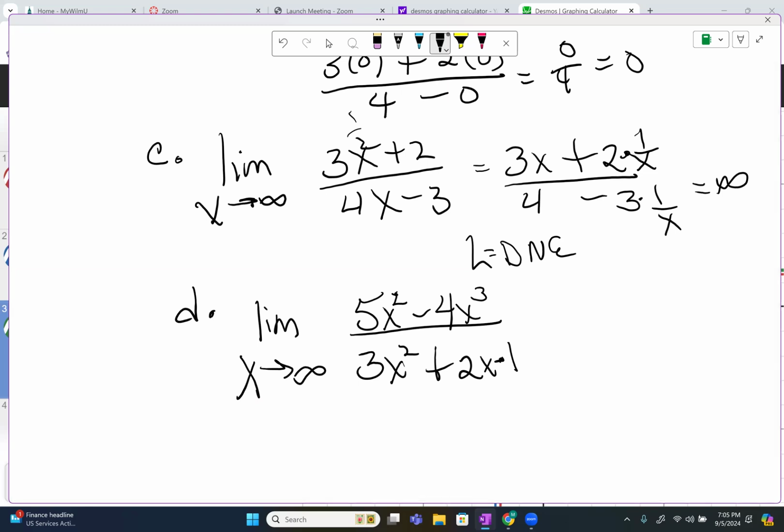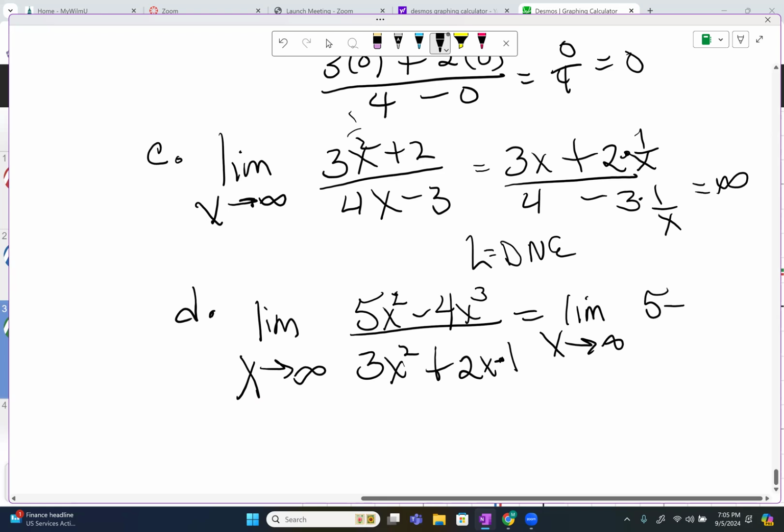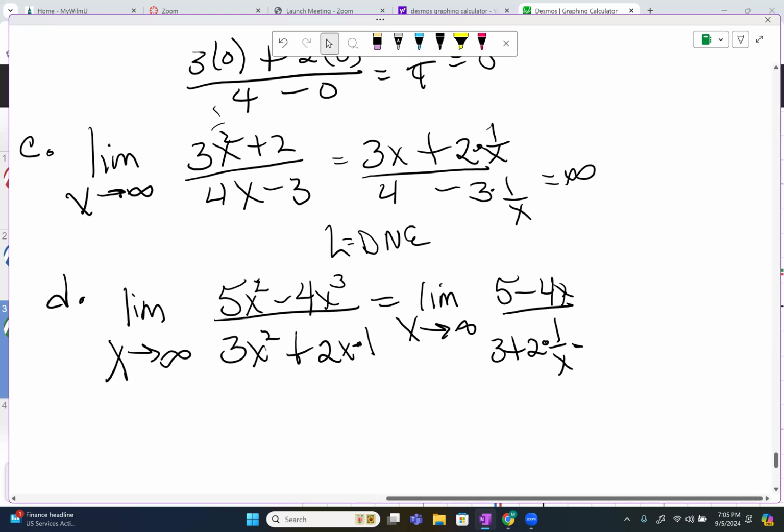So they're both the same denominator, and what happens in this case is, let me see, this becomes the limit as x approaches infinity. This becomes 5 minus 4x, over 3 plus 2 times 1 over x minus 1 over x squared.